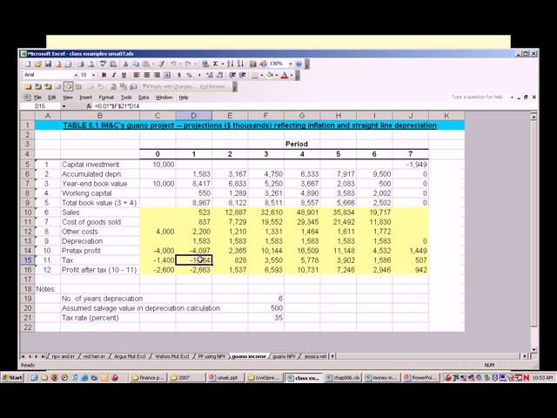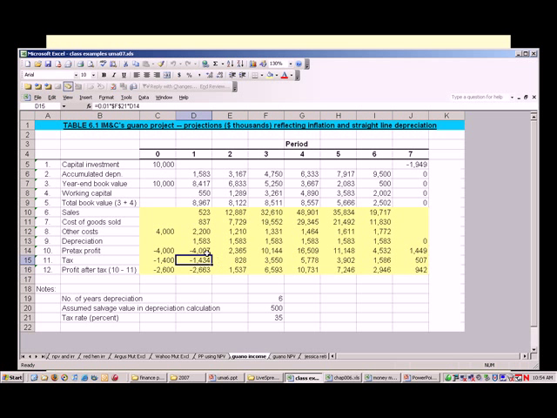We have a corporate income tax that's equal to our pre-tax profit times a 35% tax rate. This minus $1.4 million in corporate income tax effectively means that because we have a loss on this business, that loss is going to generate a tax reduction for us of $1.4 million on our other lines of business.